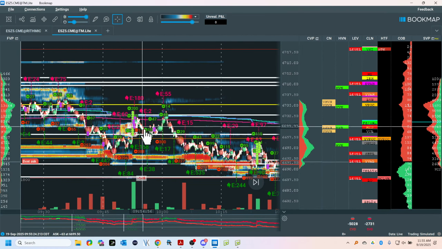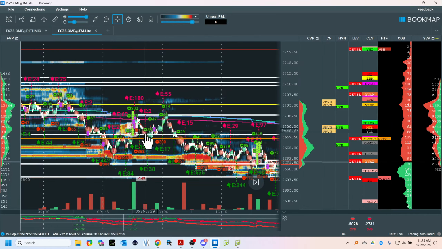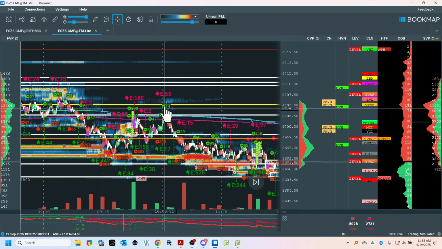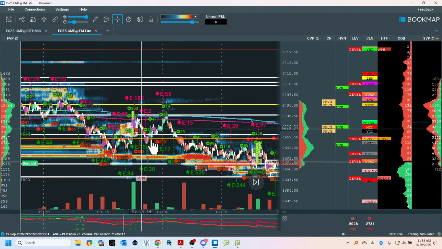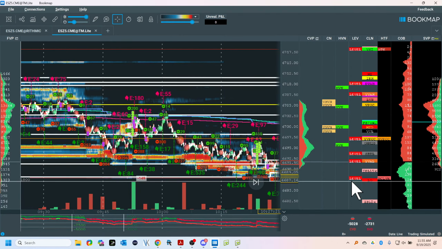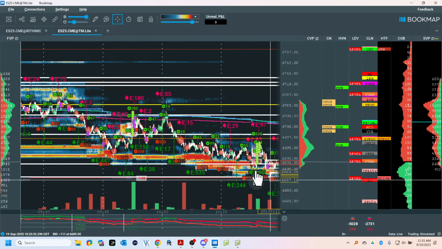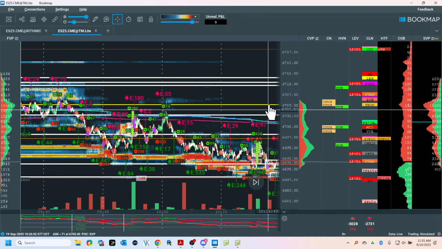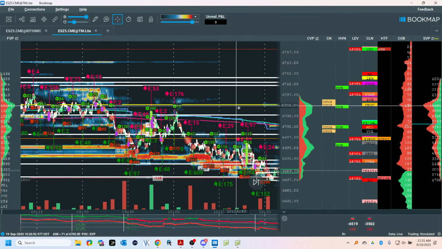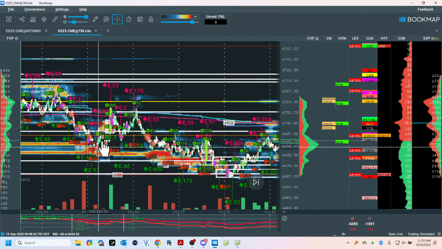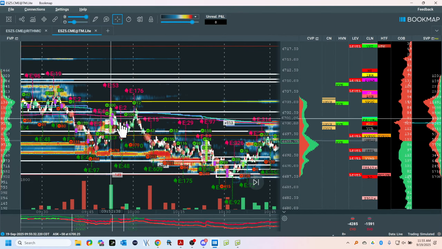Now the thing becomes, do the sellers get squeezed out, which was the joy, and the idea was to come here, or do the sellers overwhelm the buyers, which is what happened today, and we go down to the next level. We get to the next level, the buyers show up again, different time frame. Come back here, which is the trade. So all I was trying to do, so you understand, the long here was to get there and there.